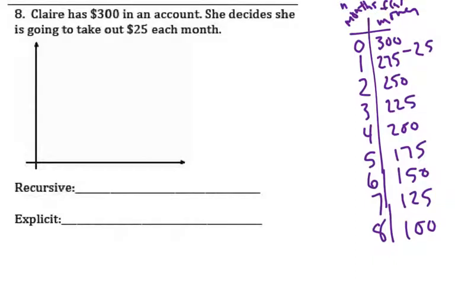So, if we're going to graph this, we could call this our months, or you could call it n, or even x. And we go 1, 2, 3, 4, 5, 6, 7, 8. Now, we'd call this side the money, or y, or f of n. Okay, now what are we going to count by here? Well, we need to start up here at 300. We go down by 25 number increments, so it might be good to start out like that.